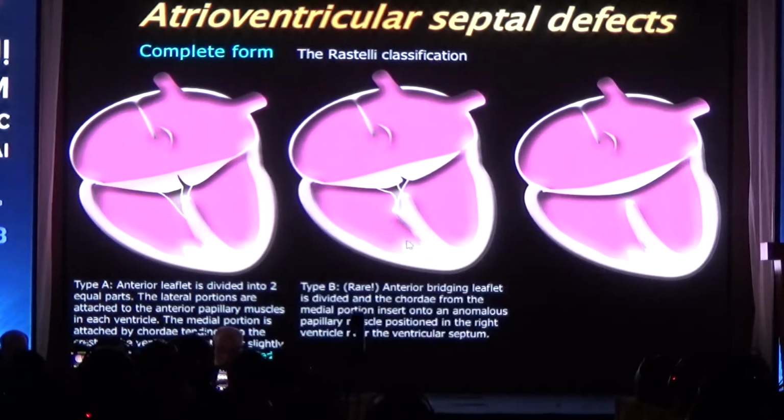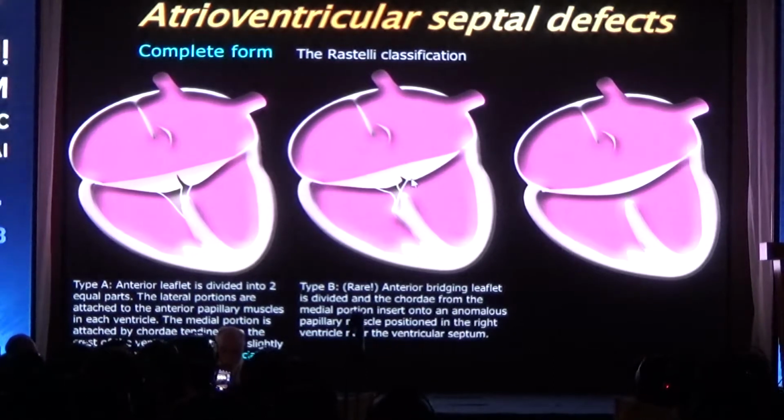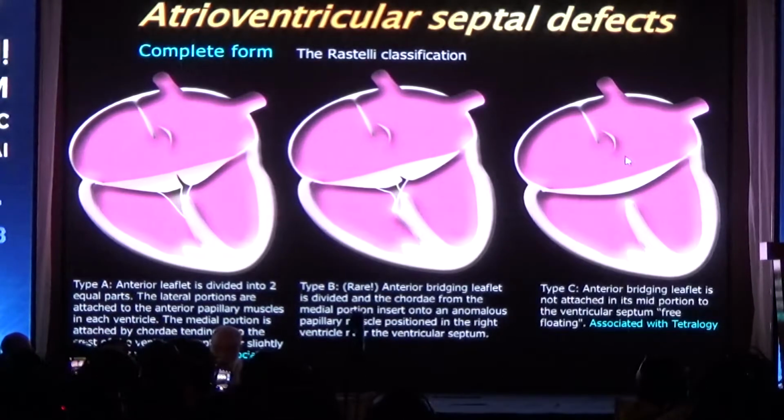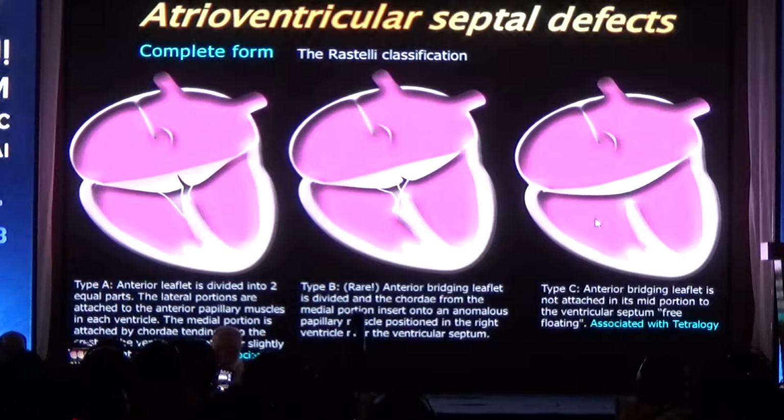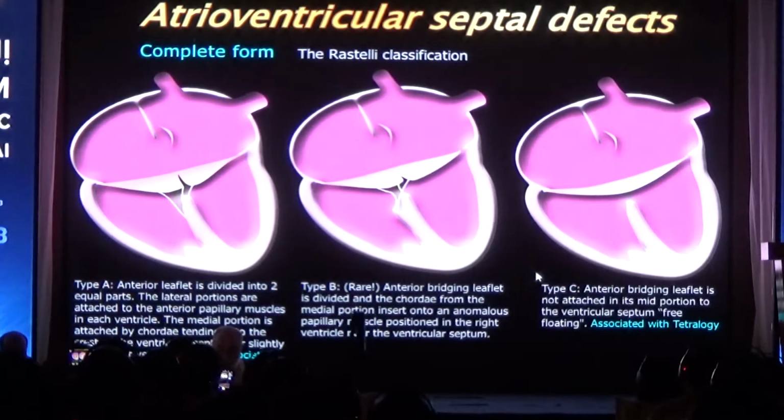In the type B, which is much more uncommon, you have a papillary muscle, the remnant of the septal papillary muscle of the tricuspid valve, that has chordae tendineae that attach to both parts of the leaflet. And then in the type C, you have no attachment whatsoever. So you can see a leaflet and no chordae tendineae going to the interventricular septum, and this is the one that is associated with tetralogy of Fallot.